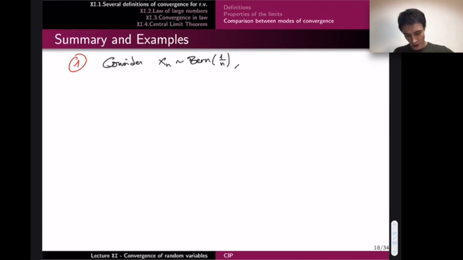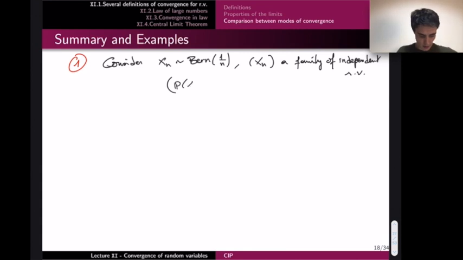And for each n, I take a family of independent random variables. In particular, what I mean here is that the probability of Xn being equal to 1 is equal to 1 over n. So the probability, of course, that Xn is equal to 0 is equal to 1 minus 1 over n.